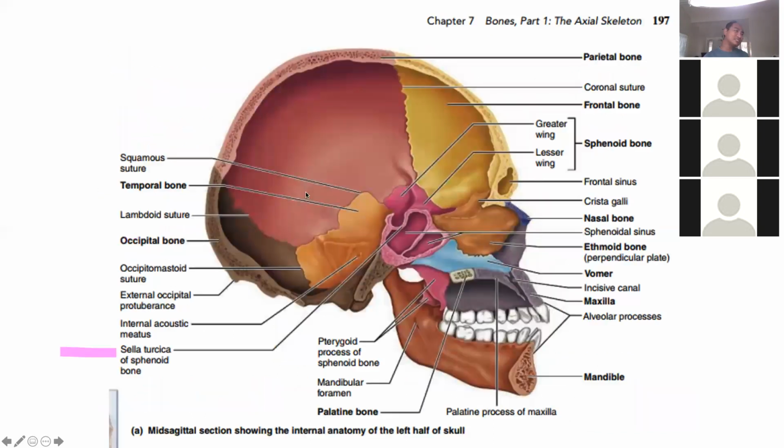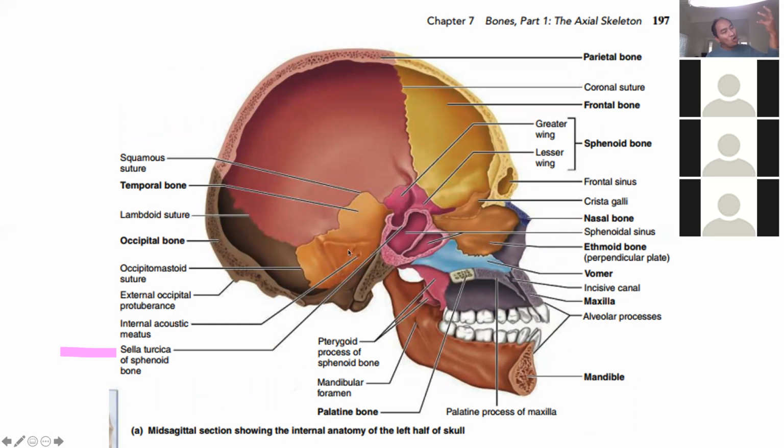Let's move on. The same thing, but now I have done the sagittal section so that I can see the inner half of the cranium now. We can still appreciate this frontal bone here, which is colored with gold yellow. And we can see this is the parietal bone and this occipital bone here in the back.